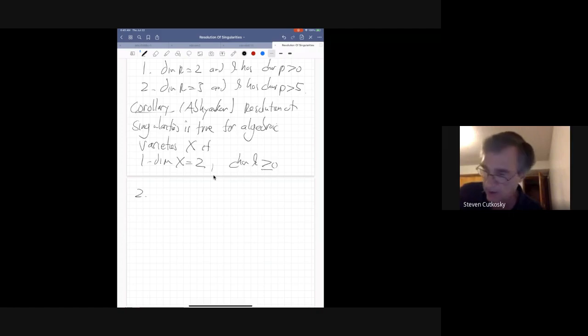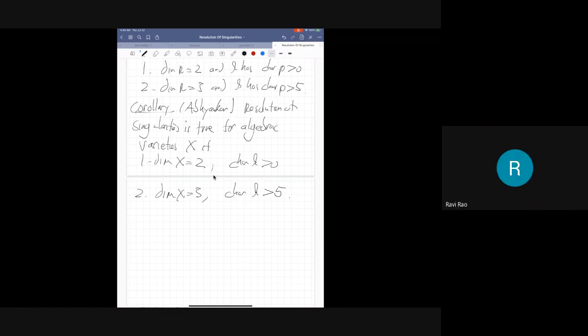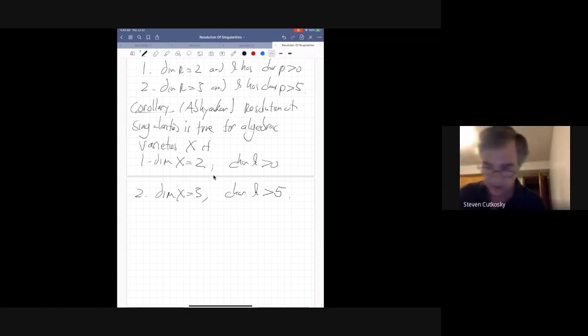I'll just leave it like that. Or two, the dimension of X is equal to 3, and the characteristic of K is bigger than 5. And I hope we have time to discuss a bit about where this restriction on the characteristic comes from.